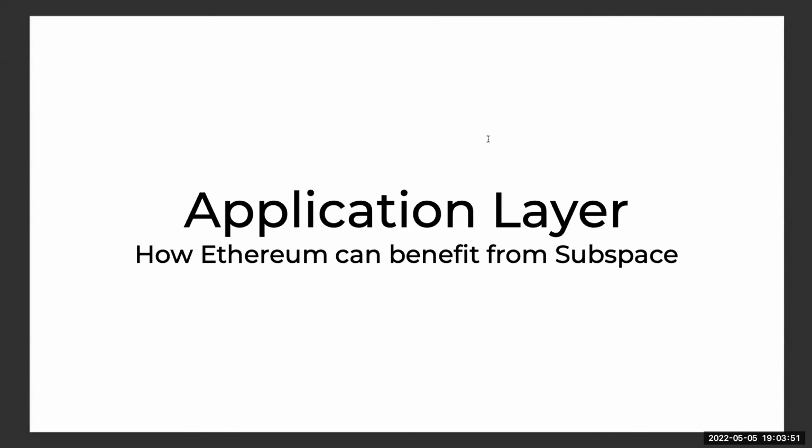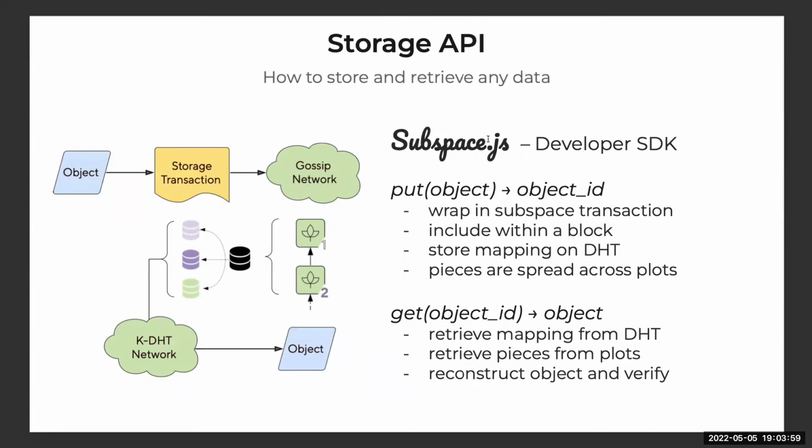Okay, great. So let's move on to talk about the application layer and what interesting stuff we can do for Ethereum with Subspace. To start out, let's talk about the storage API and the developer SDK that we're using right now, or really anybody can use to interact with Subspace, called Subspace.js.